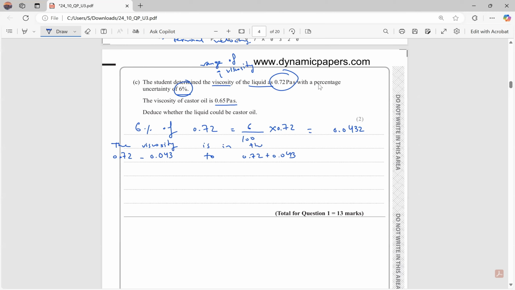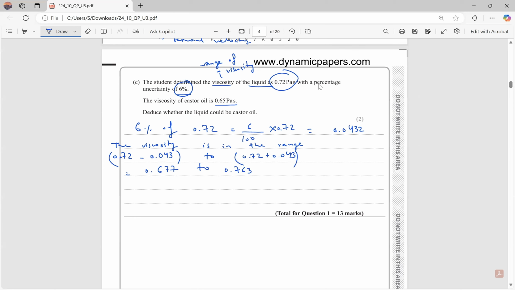So that's basically 0.72 minus 0.043 is 0.677 and 0.72 plus 0.043 is 0.763. So this is the range of viscosity of the liquid.